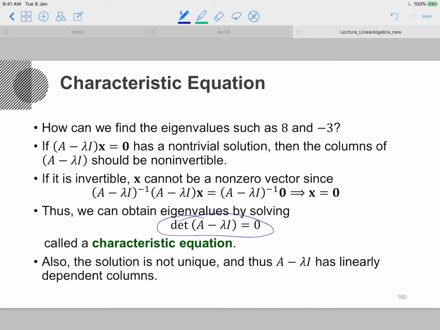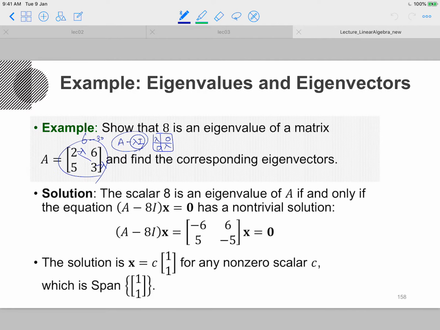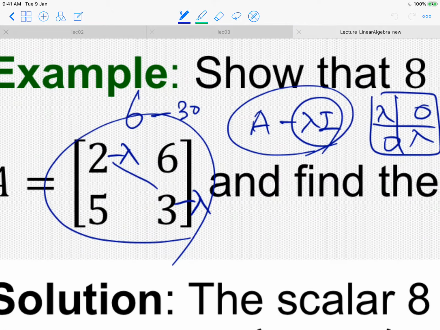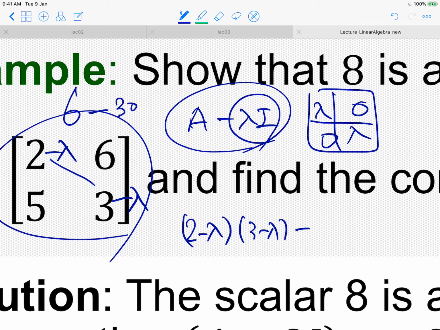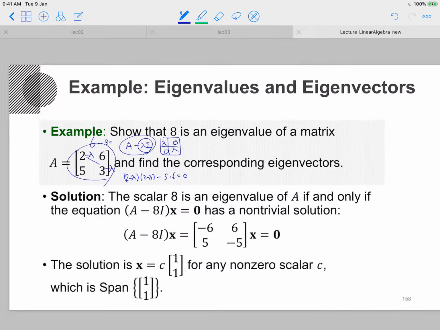So we can build this equation by using the determinant of this matrix. If it is singular, equivalently its determinant should be 0, and thus 2 minus lambda, 3 minus lambda, this corresponds to AD, and 5 times 6 should be 0, right?